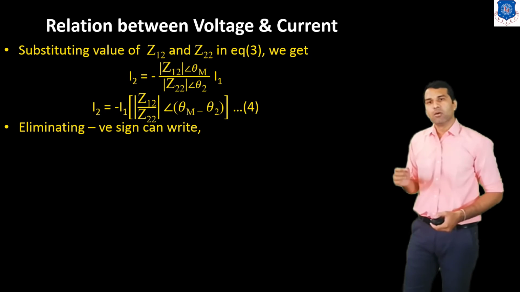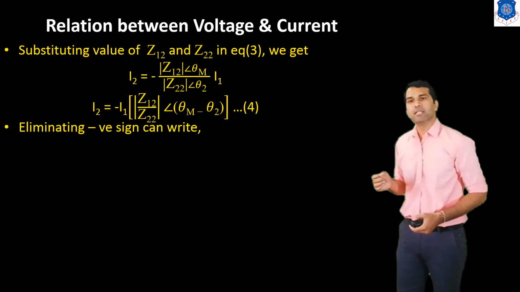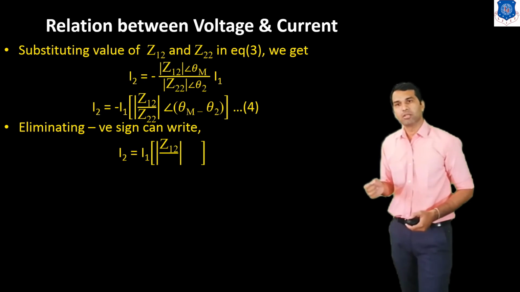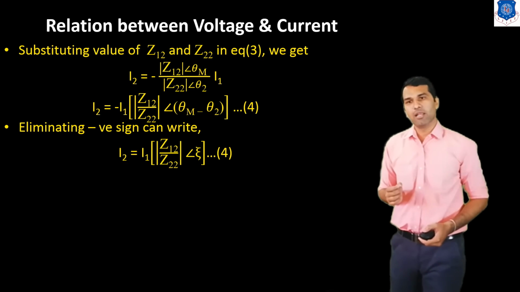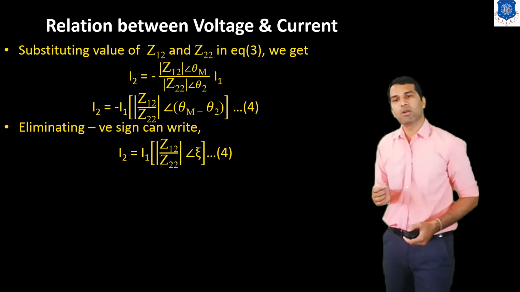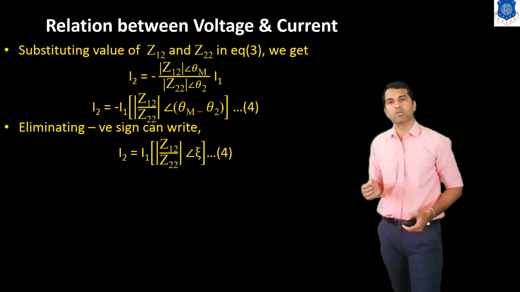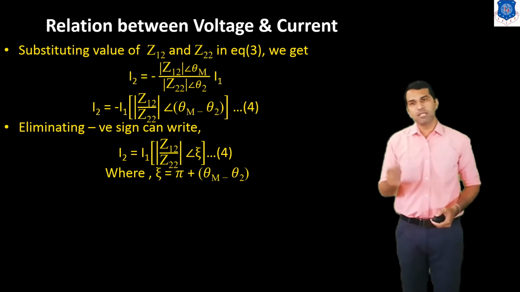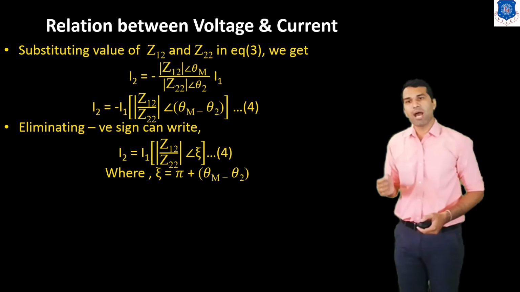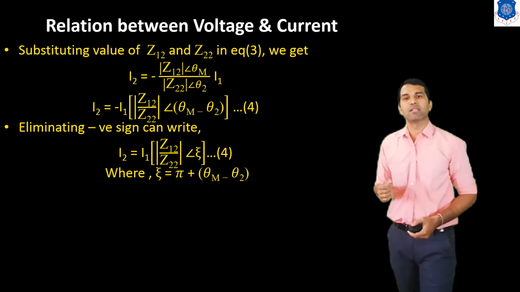Now eliminating the minus sign, we can write I2 equals I1 times the bracket of Z12 upon Z22 at angle eta. Here this eta indicates pi plus theta m minus theta 2.